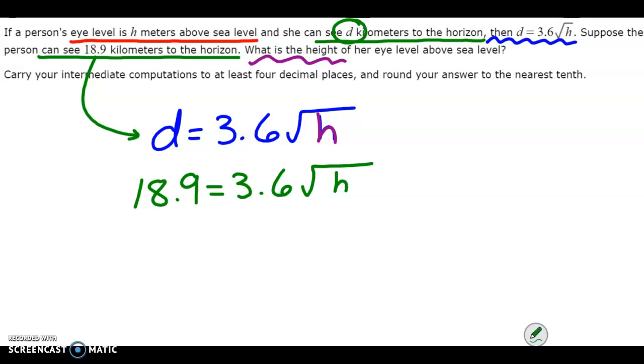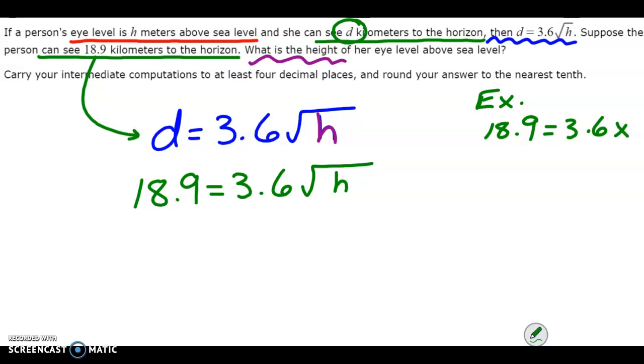Okay, so this is another type of problem we haven't exactly seen yet now with something out front of that square root. Remember, don't do anything to address that variable until it's the last thing left. So you're basically looking at something like this. 18.9 equals 3.6 times the square root of h.